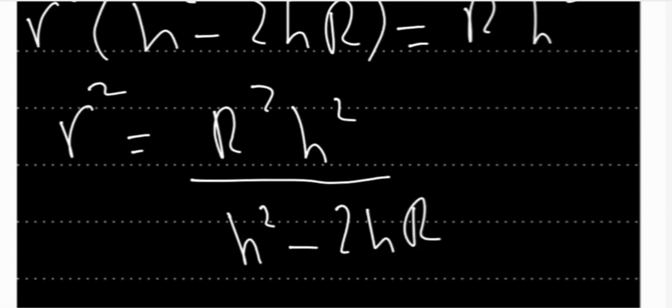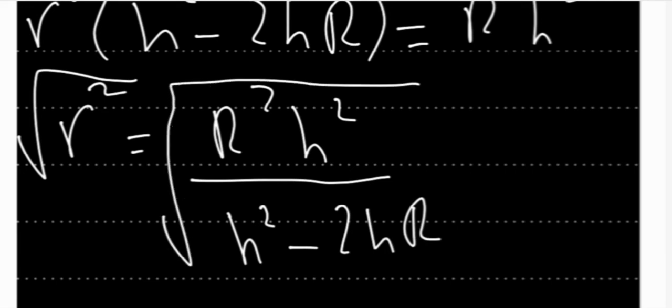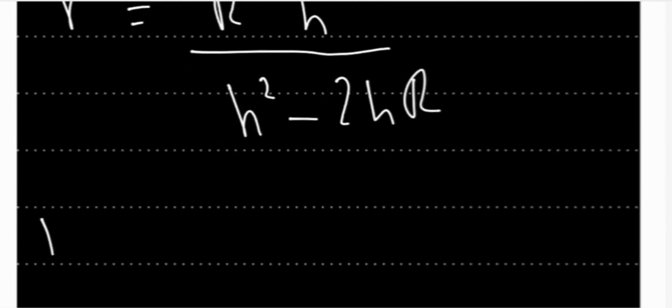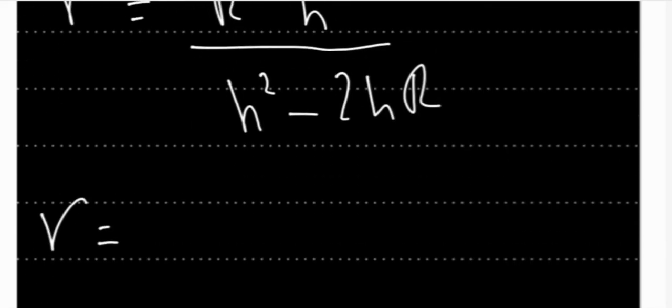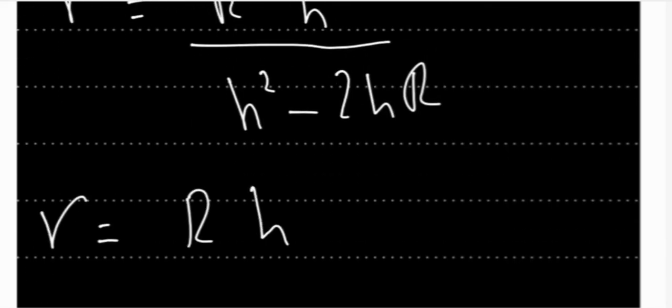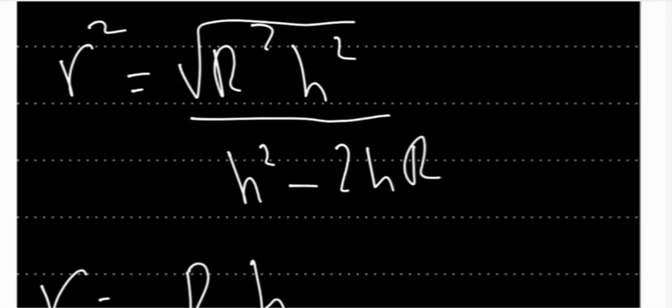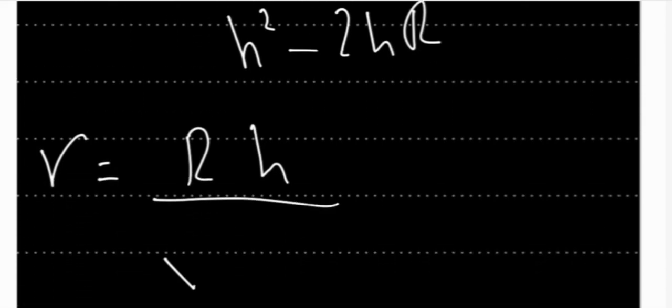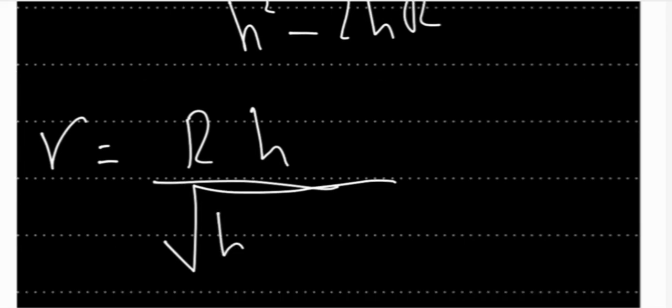Now let's take the square root on both sides. So r is equal to big R multiplied by h, taking the square root, divided by the square root of h squared minus 2hR.